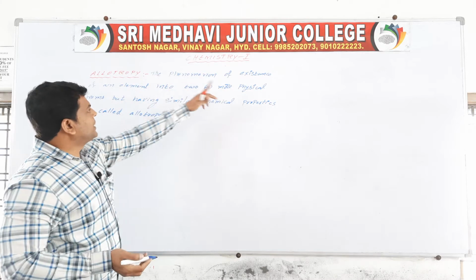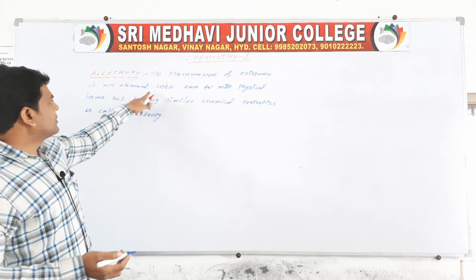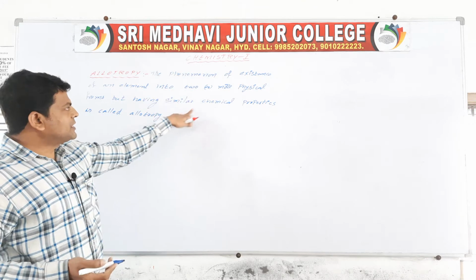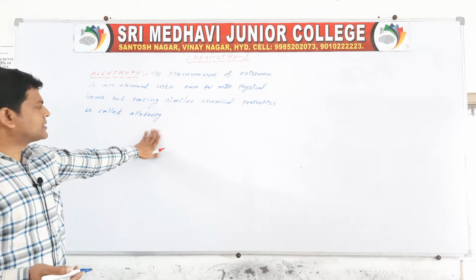So the phenomenon of existence of an element into two or more physical forms but having similar chemical properties is called allotropy.